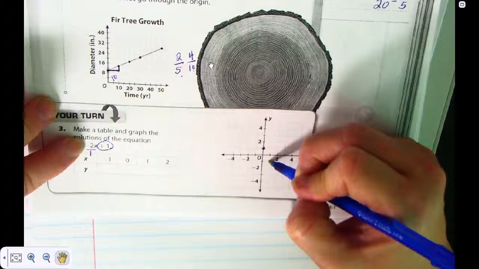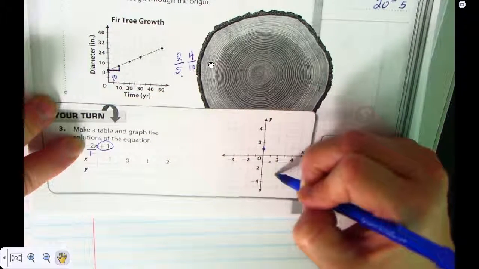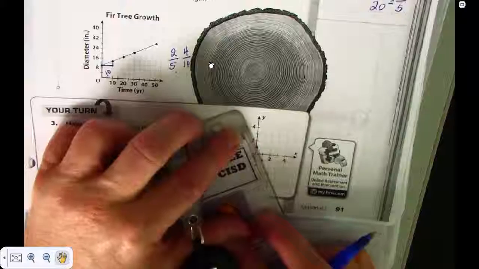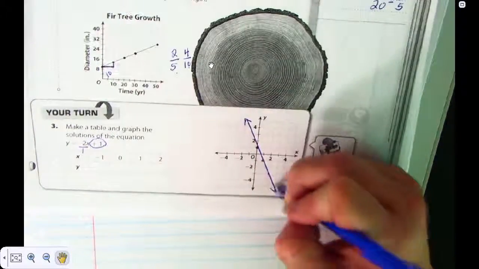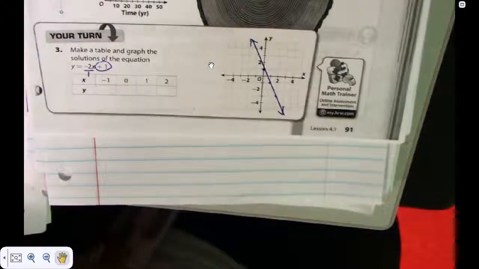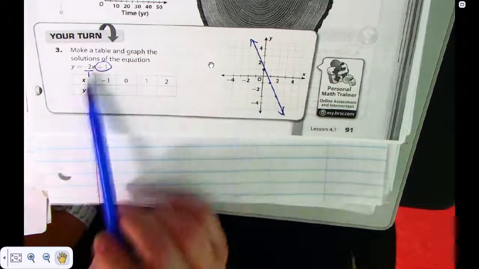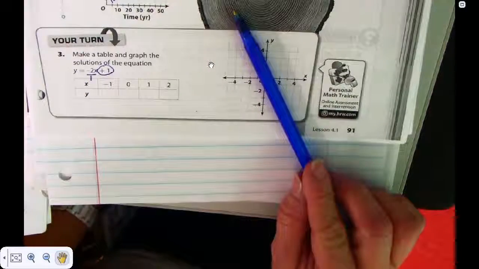From that point, we're going to go again: run 1, down 2. We make a continuous line. We have 3 points. Did I already know it was going to be negative? Why? Because the slope is -2, so I already know it's coming down.